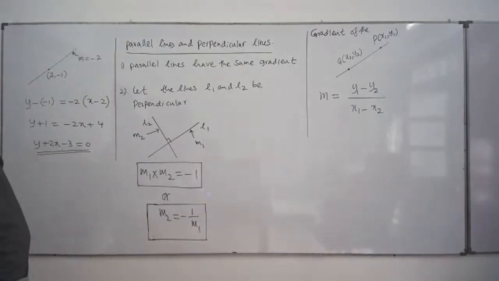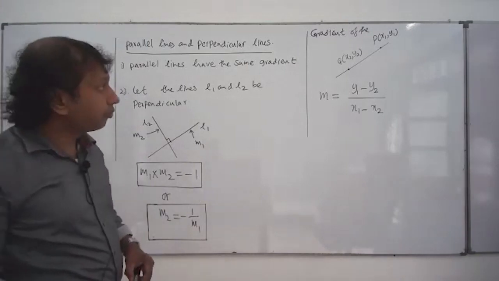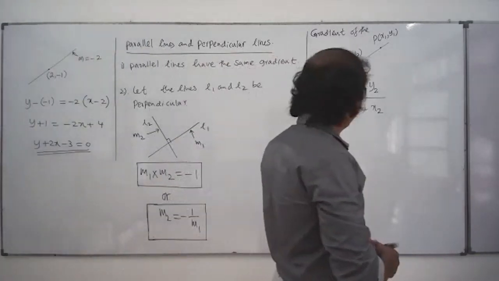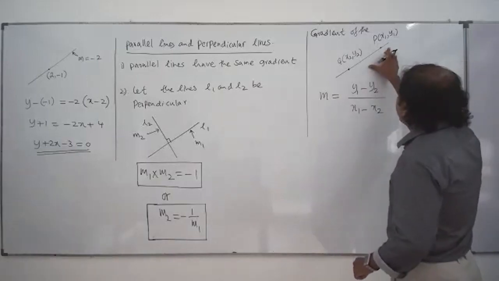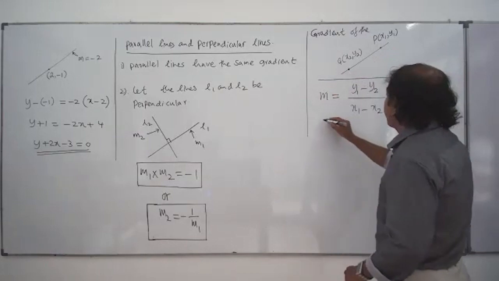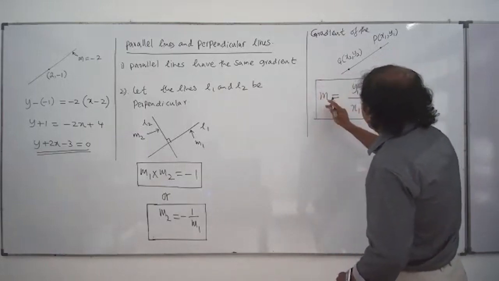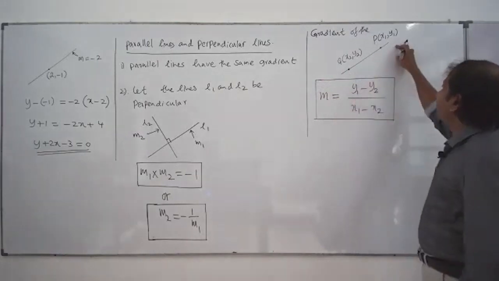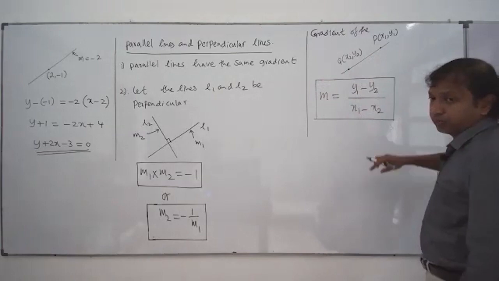Draw this diagram and write down the result: M equals the difference of y coordinates, y1 minus y2, divided by x1 minus x2, right?